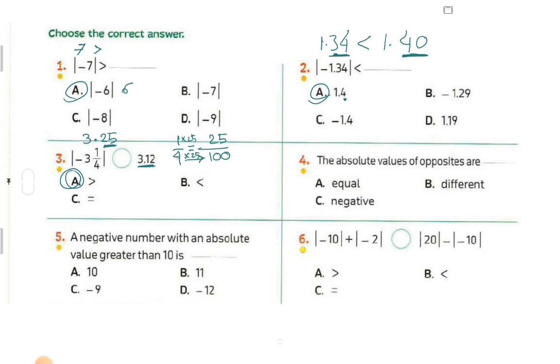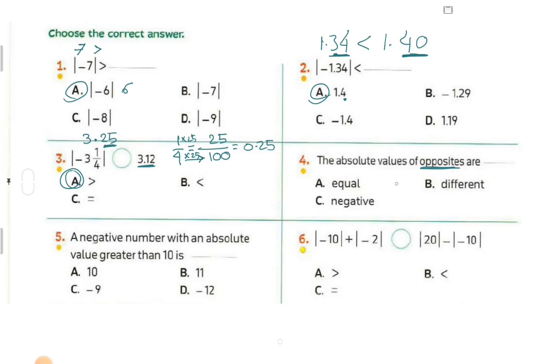Now I can say that 1/4 equals 25 over 100. 25 over 100 equals 25 hundredths. Okay?